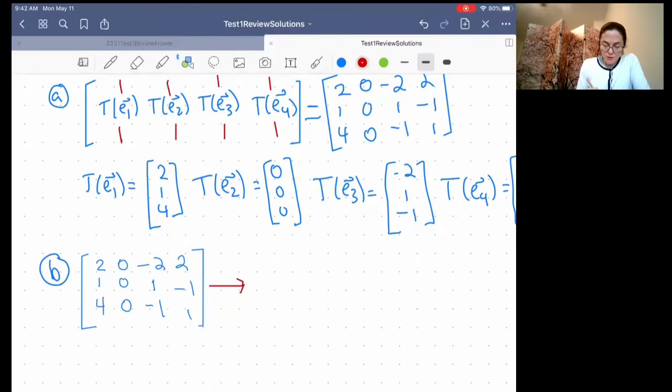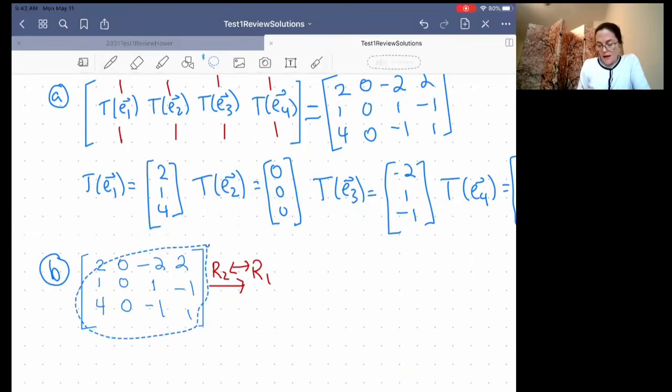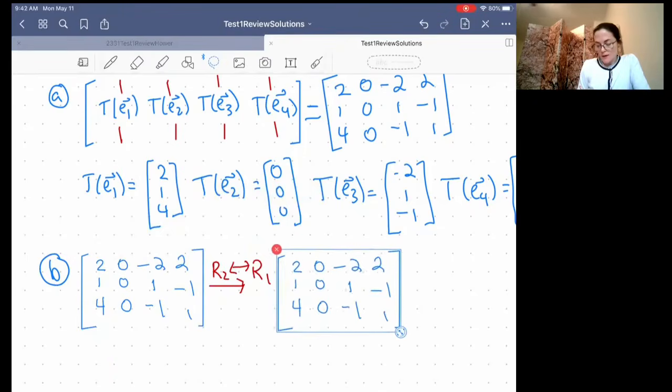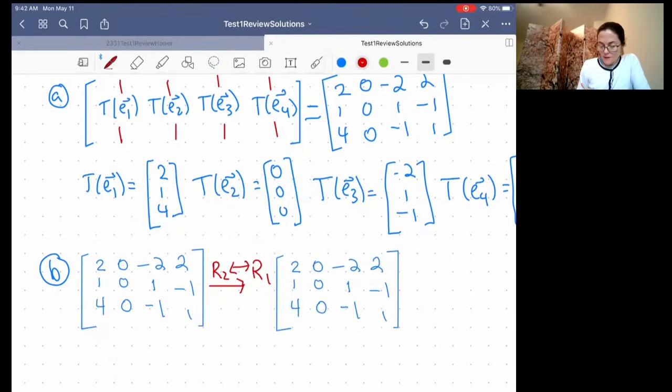I'll just interchange row 2 and row 1, because there's a few ways you can start. But you notice that row 1 already has the 1s there. I could equally just multiply row 1 by a half as my first step. That would have been okay too, the same number of steps.